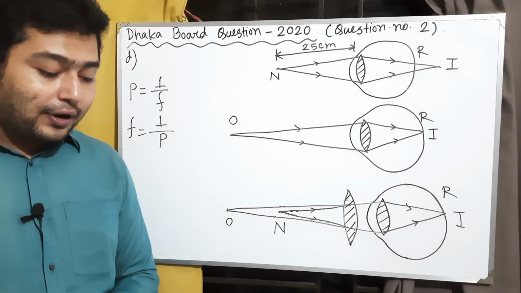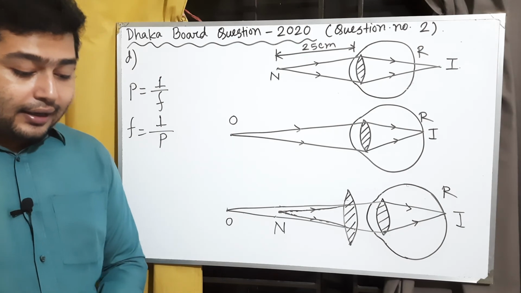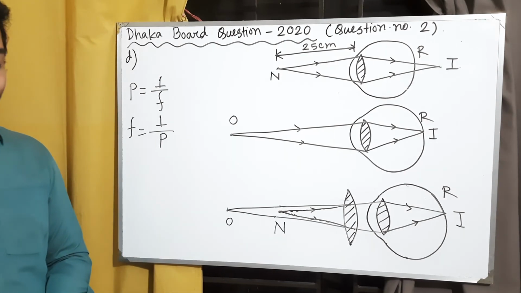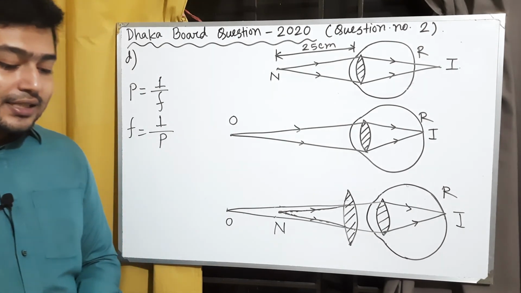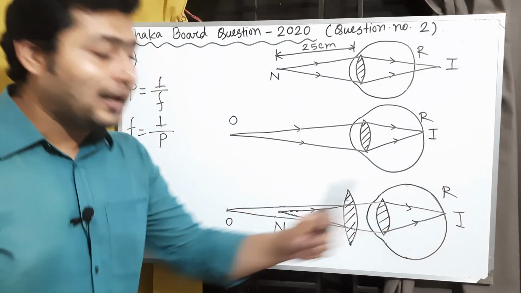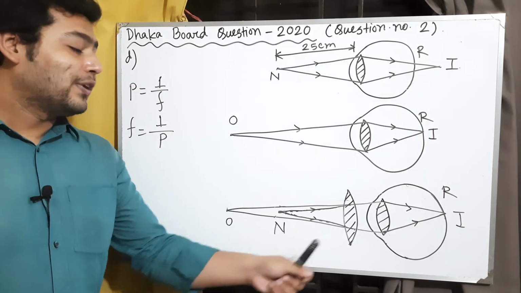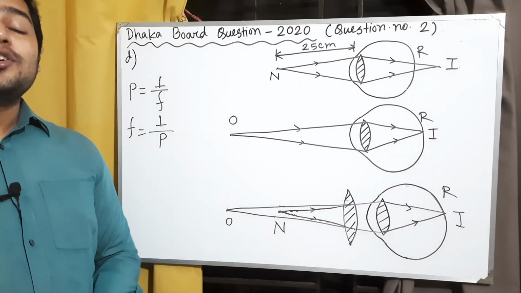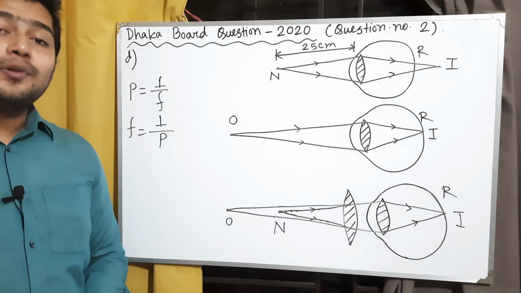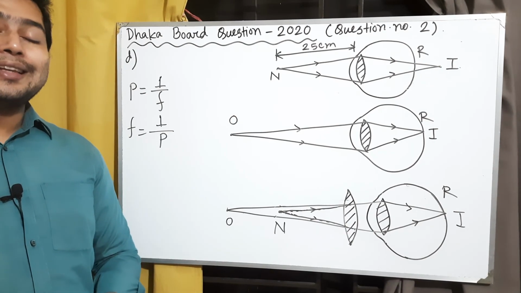The focal length will decrease and the rays will converge as needed to form an image on the retina. So we use a convex lens to remove this type of defect of the eye lens.